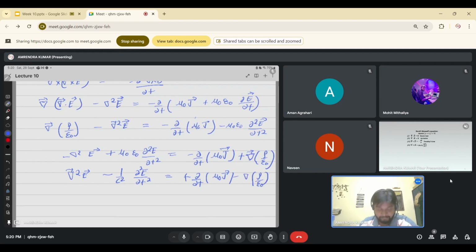So you can see that what is giving rise to this wave equation, this electromagnetic radiation, are the terms here and here. The current itself is changing with time, and the charge density is a function of space.